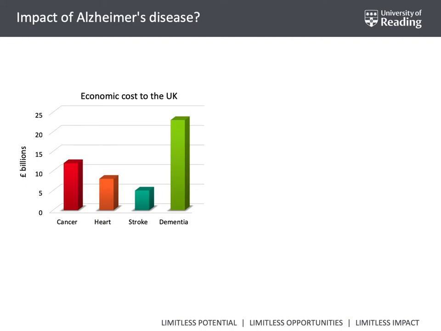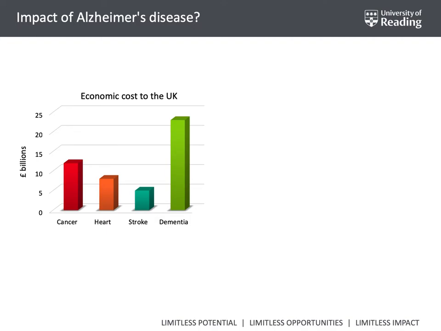This is the economic burden to the UK itself, in billions. If you look across cancer, heart disease and stroke, dementia is the leading cost to our economy in terms of supporting those people living with dementia through the care system itself.